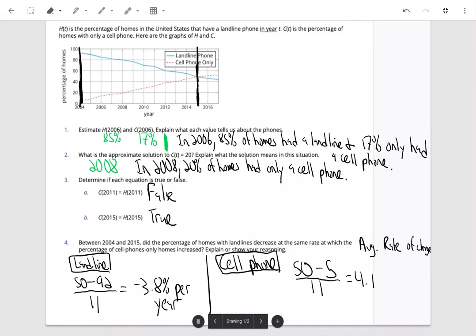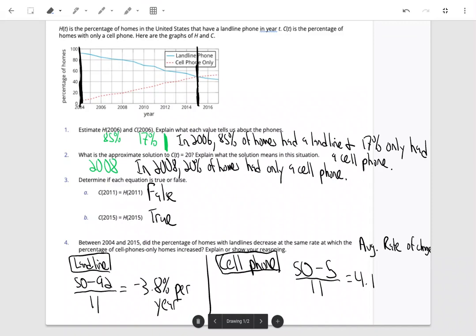No. So the question said, did the percentage of homes with landlines decrease at the same rate at which the percentage of cell phone only homes increased? Well, they're not exactly the same, but 3.8% and 4.1% are really close to each other. It's only a 0.3% difference.